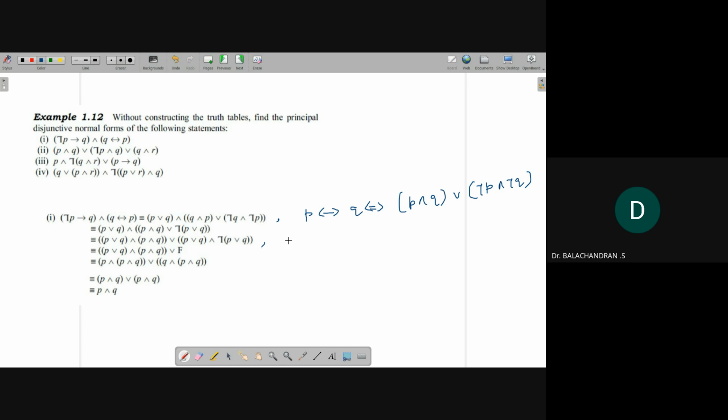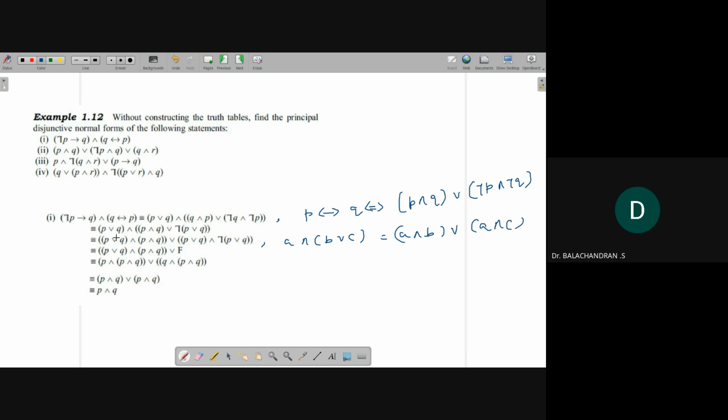So here they are using A and (B or C), which is equal to (A and B) or (A and C).